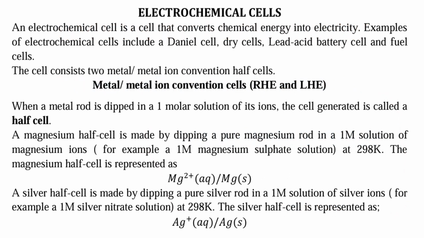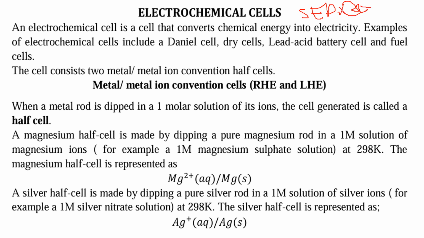So now, with the previous video, we looked at electrode potentials together with the standard electrode potentials. And then we looked at how we can perform experiments in determining the standard electrode potentials of the different metal elements or metal ions using 1 molar concentration of their solution together with them as elements.